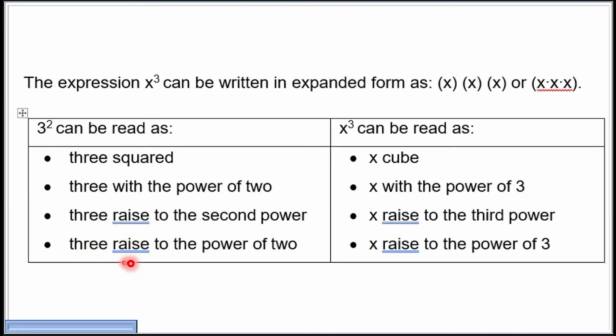You can use any of these. You can also say 3 raised to the power of 5, 3 with the power of 5, or 3 to the 5th power. Another is x to the power of 3, which can be read as x cubed, x with the power of 3, x raised to the power of 3, or x raised to the third power. They all mean the same.